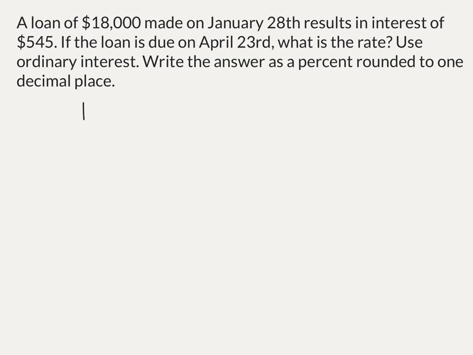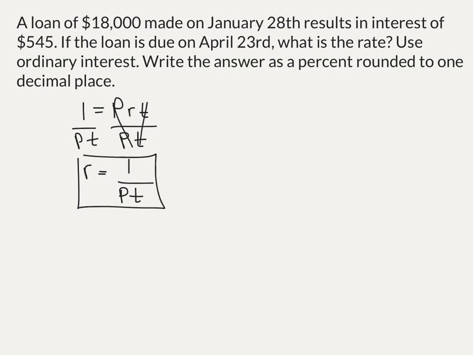We'll use simple interest again, which is I equals PRT, but this time we want to solve for R. So I'm going to divide by PT. So that tells me that R, or the interest rate, equals the interest amount divided by P times T. So we'll use this formula to find the interest rate.